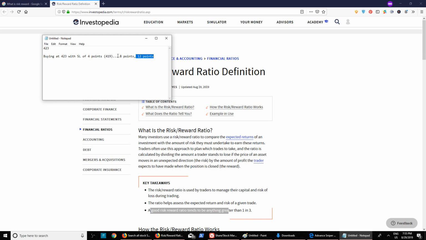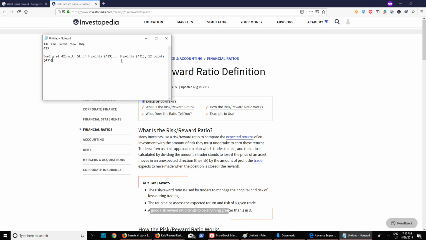Ideally your target here should be 8 points, that is 431, and 435 would be your second target. Many people also exit in parts, so you can exit a part of it at 8 points and then part on 1:3. So that's basically what is known as risk and reward.